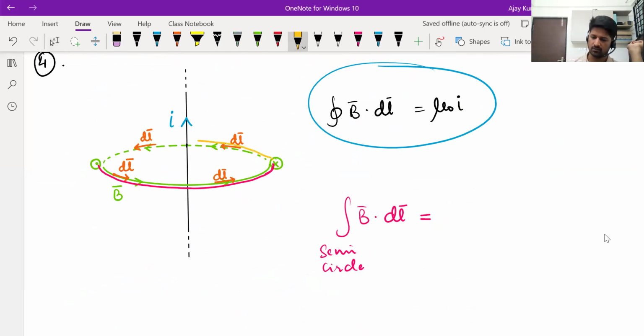I'll draw that in yellow. The pink one and the yellow one should have the same values of integral B dot dl, not mu naught I, sorry. The fields you see on this side are the same as on that side, and the distance you move is the same. Then the integral on this side should be the same as on that side. Total integral is mu naught I, so half of it should be mu naught I by 2. You could have answered that way also.